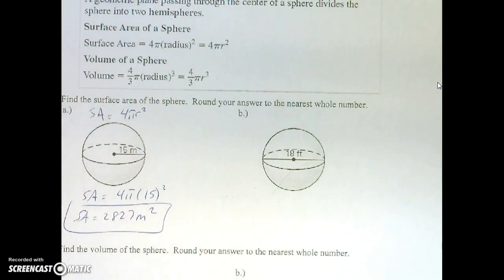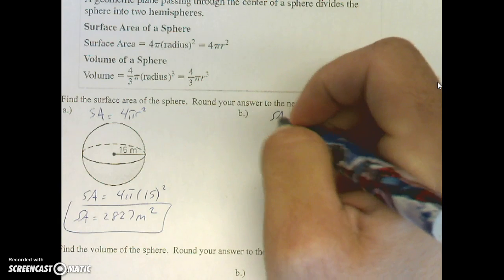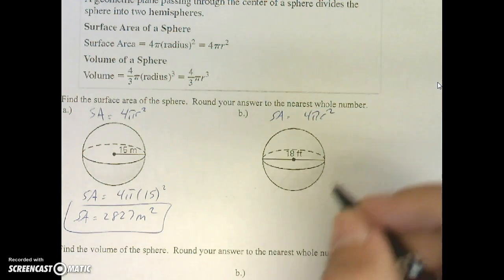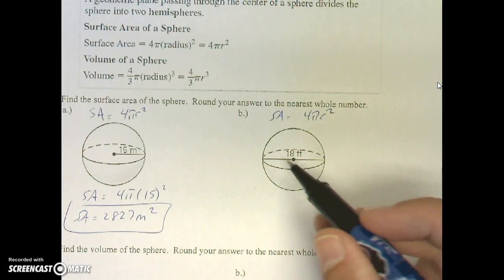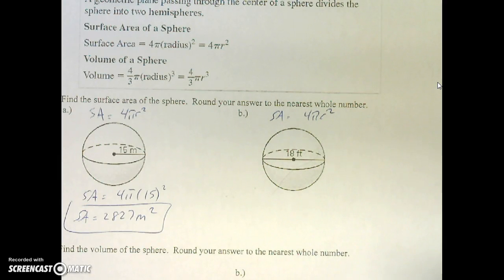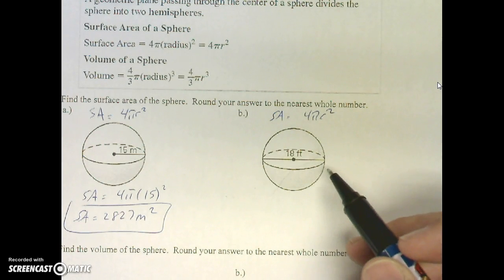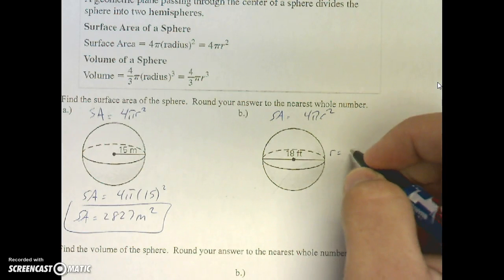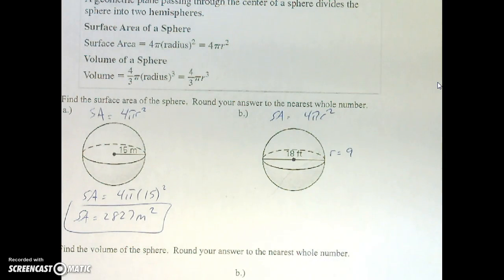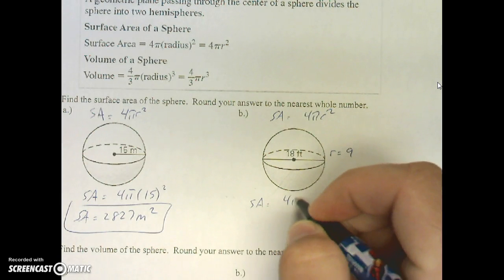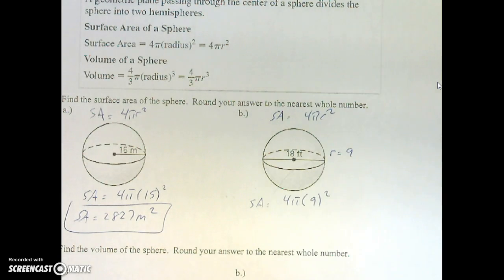Again, here's my formula, 4 pi r squared. If I look at this, 18 is my radius, right? So I'm just going to plug 18 in for r. Careful. This is the only other type of problem I can throw at you. That's your diameter. So to get my radius, I need to divide it by 2. See how I almost tricked you there? So surface area equals 4 pi 9 squared.